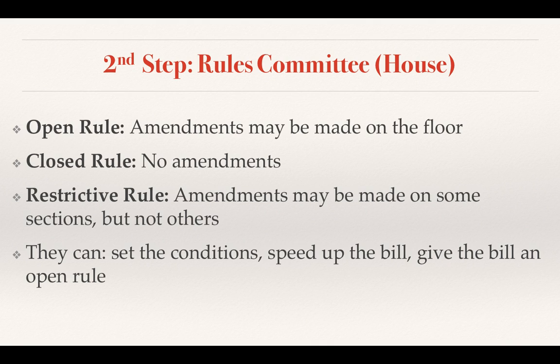Giving a bill an open rule increases the likelihood that it will pass, because bills have a high mortality rate. Most bills will not pass. But if you don't want any changes, then you would have a closed rule. Or if you're okay with some changes but not others, then it's a restrictive rule.